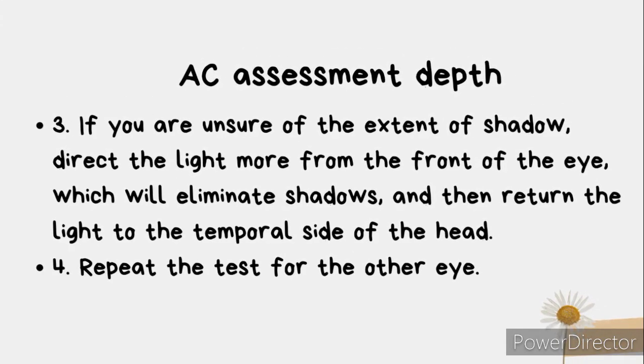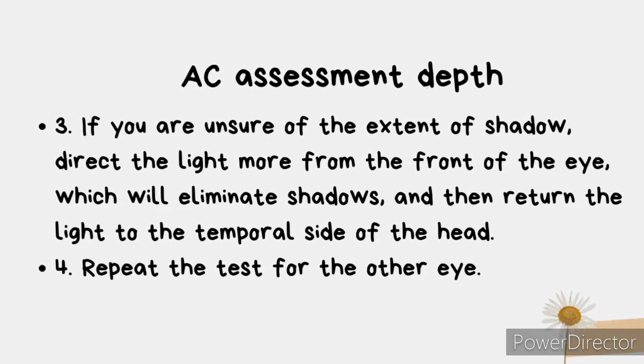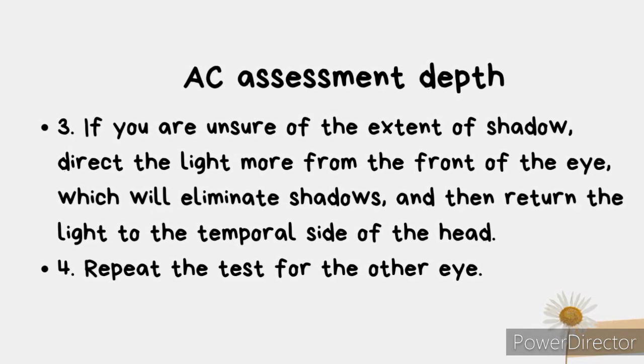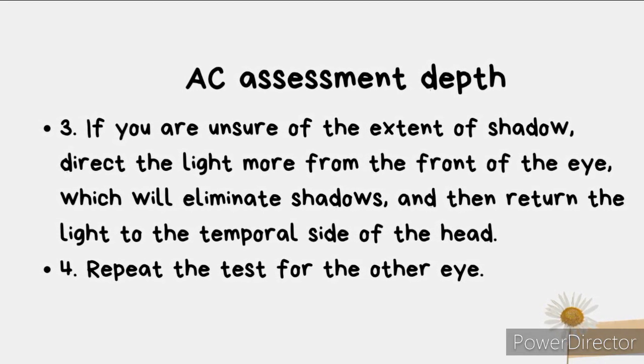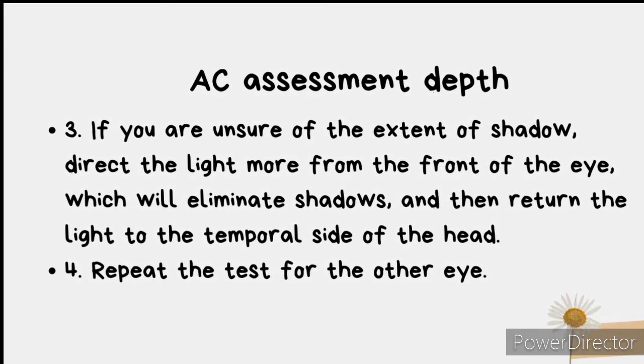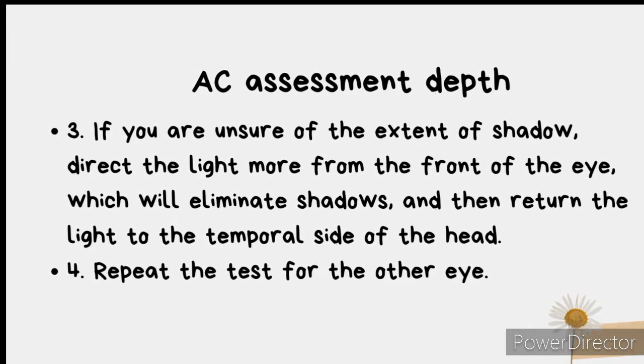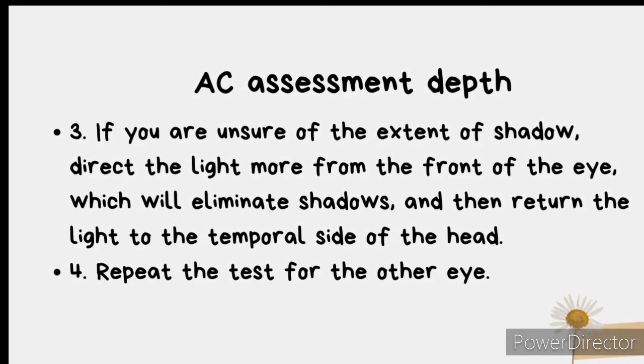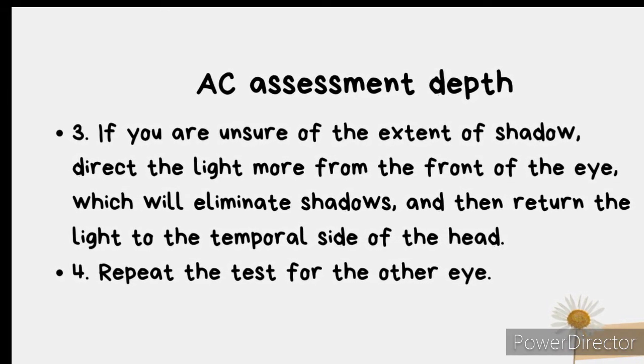If you are unsure of the extent of the shadow, direct the light more from the front of the eye, which will eliminate shadows, and then return the light to the temporal side of the head, and then repeat the test for the other eye.